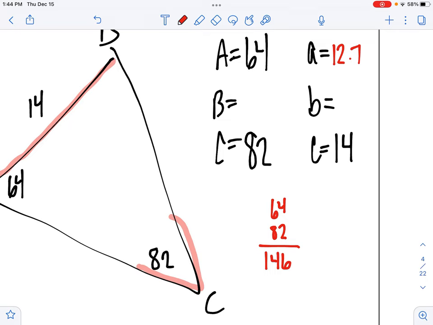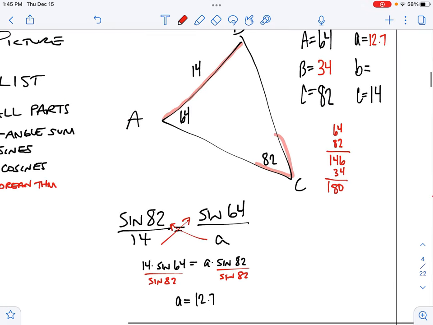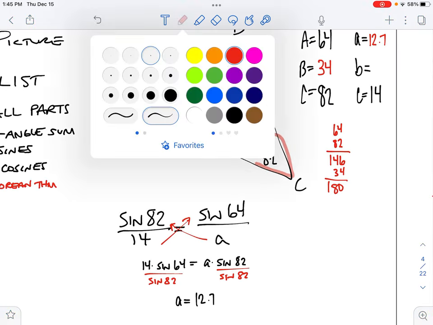From that, I would then find angle B. In that case, this is 34 degrees, because 34 here would make this equal 180. Now I can set up a second law of sines to find side B.